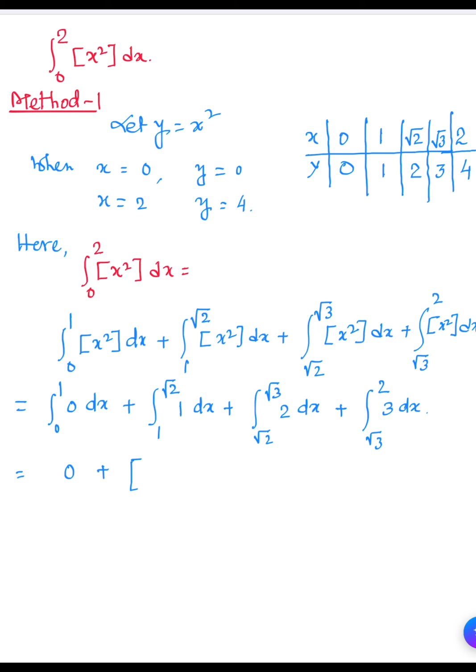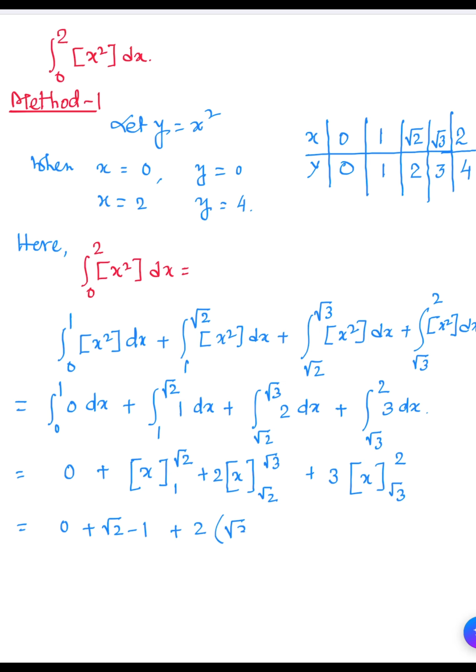0 times integral dx from 0 to 1, plus 1 times integral dx from 1 to root 2, plus 2 times integral dx from root 2 to root 3, plus 3 times integral dx from root 3 to 2. That is, 0 plus root 2 minus 1, plus 2 times root 3 minus root 2, plus 3 times 2 minus root 3.